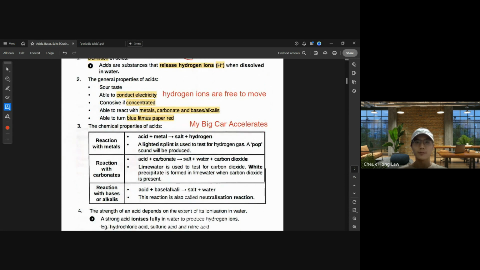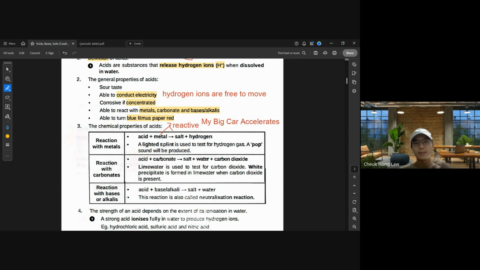So acids react with metals, bases, and carbonate. One thing to note, for metals, it has to be a reactive metal. If your metal is unreactive, it's not going to react with acids. Keep that in mind.